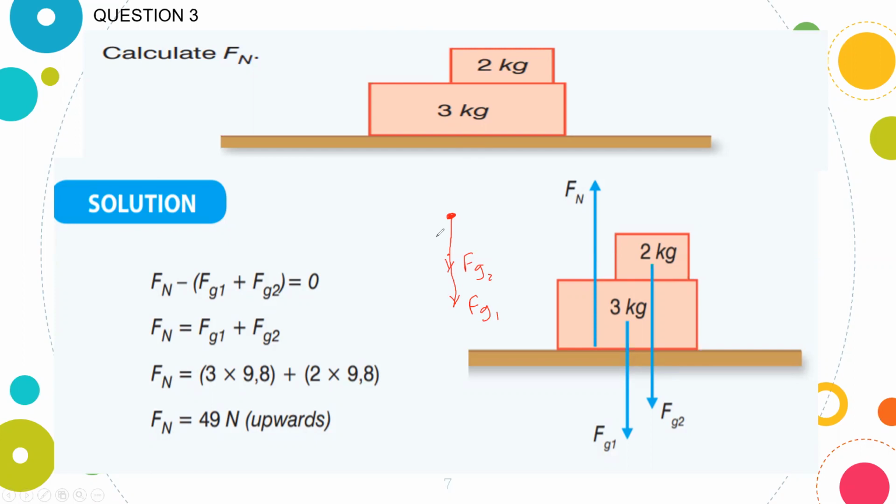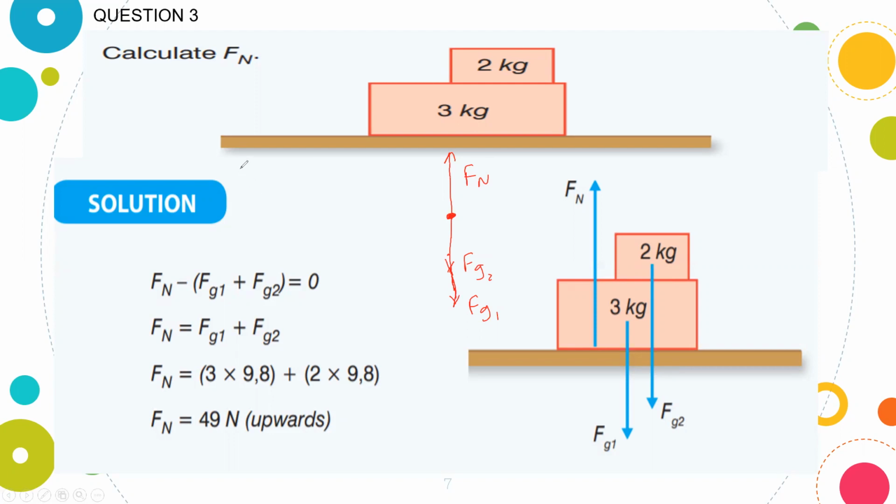Please use your ruler and make it straight, not like this. And other one, next force going up, what's that? F normal. So this is our free body diagram. Freehand drawing. Okay, Fg1, Fg2, just going down, negative, and then positive.